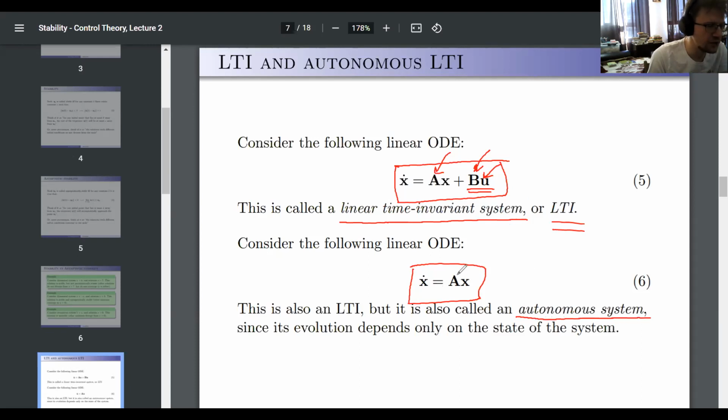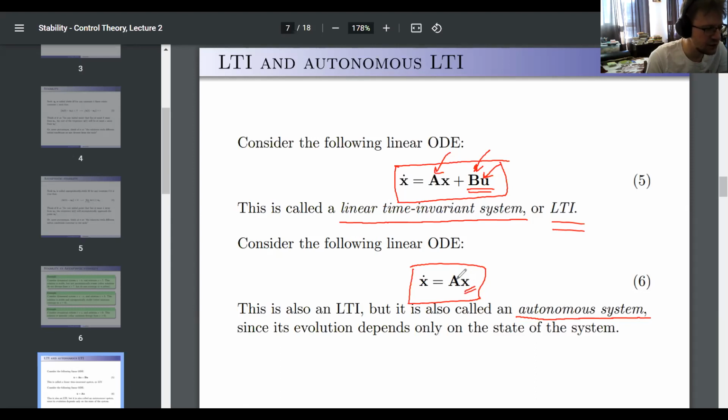Now, it is still LTI because A is still time invariant, it doesn't depend on time. But it is also autonomous because it doesn't have any inputs. It only depends on the state.